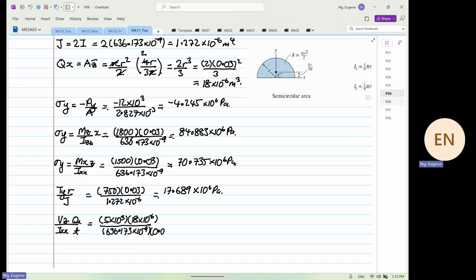Thickness is 0.06, not 0.03. 0.03 is the radius, that's not the thickness. So 5 times 10 to the power 3 times 18 times 10 to the power minus 6 divided by 636.173 times 10 to the power minus 9 divided by 0.06 is equal to 2.358 times 10 to the power 6 Pascal.